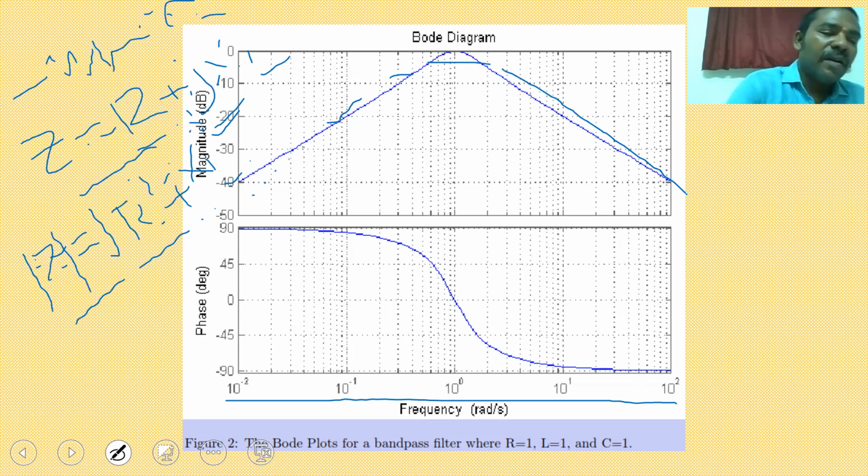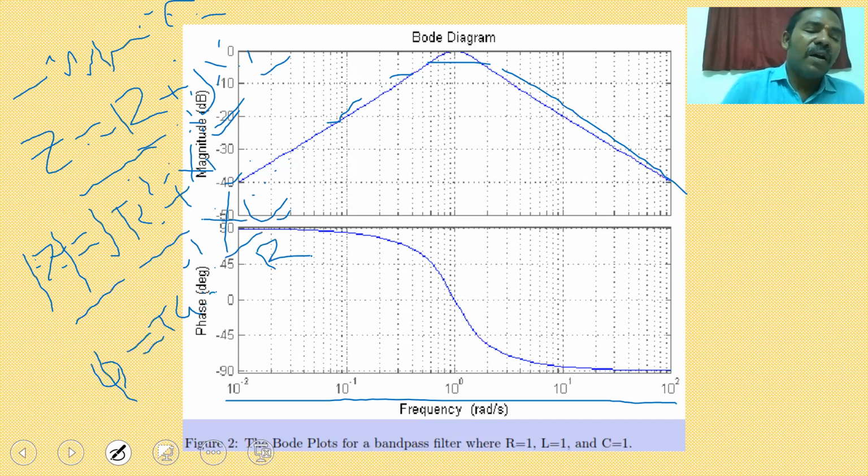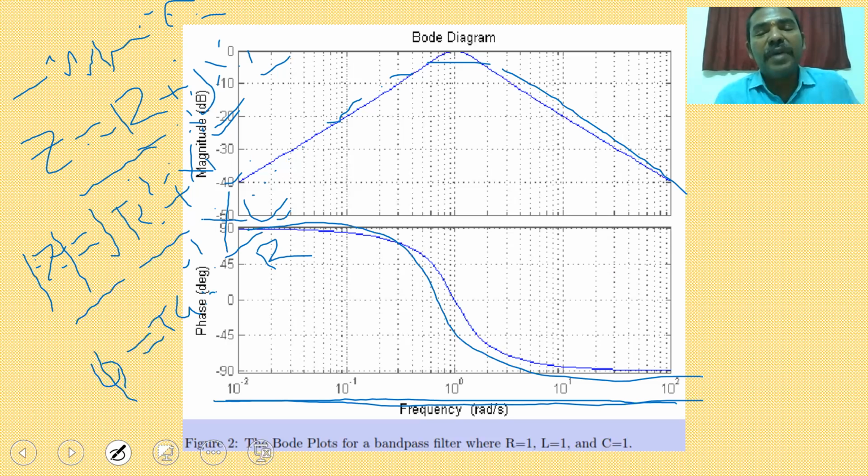Similarly, phi is tan inverse of XL by R. So the power factor angle phi for an RL circuit is equal to tan inverse of XL by R, that is, L omega by R. For different values of omega, if you go for the phi value, the waveform of phase will be like this. So this is your magnitude plot and this is your phase plot.